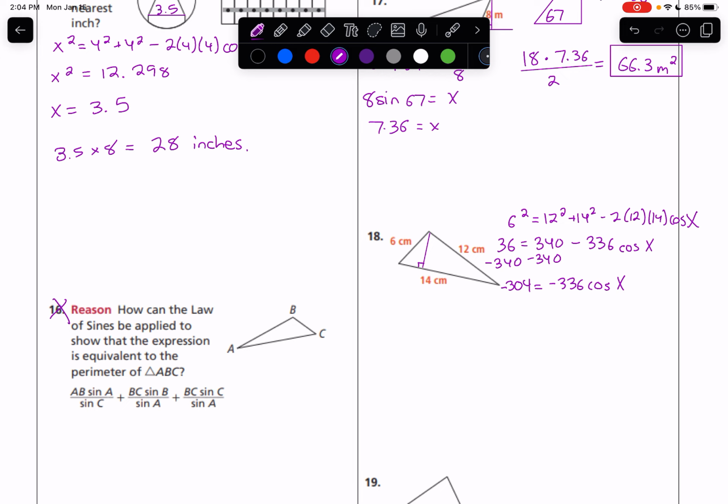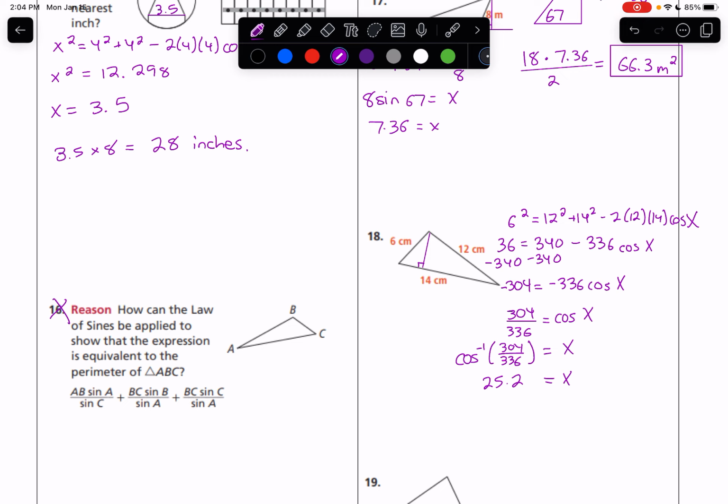Divide both sides by negative 336. So that gives us positive 304 over 336 is equal to the cosine of x. Take the inverse cosine of both sides. 304 over 336 equals x. And we find out in our calculators that that means x is equal to 25.2.